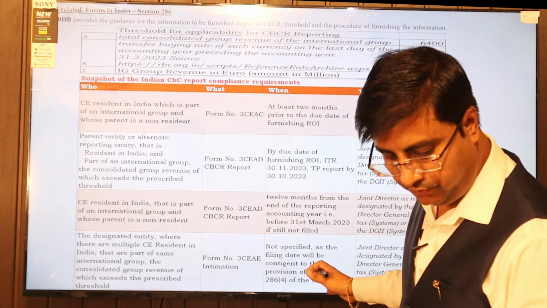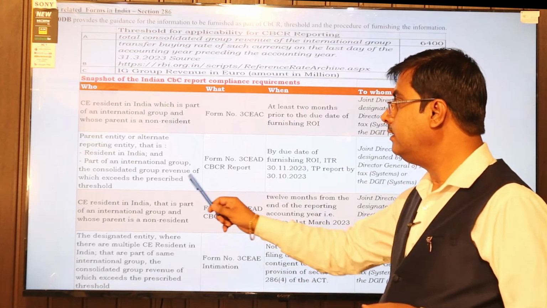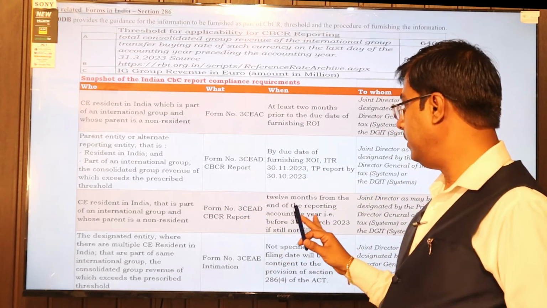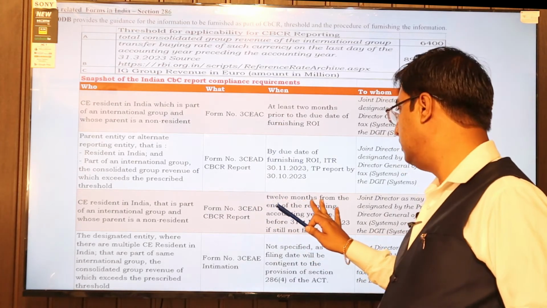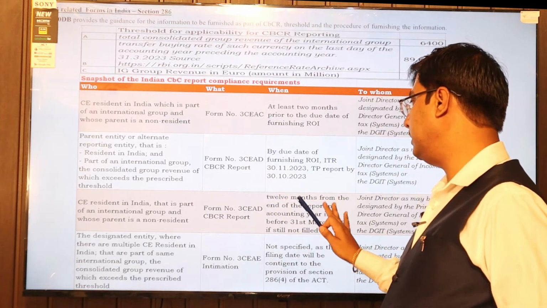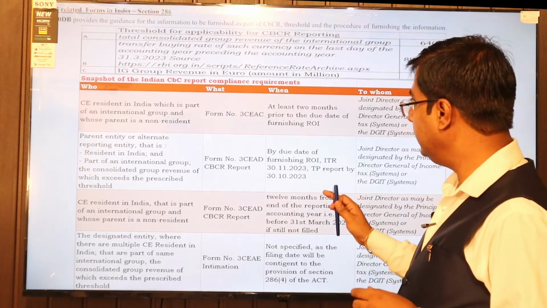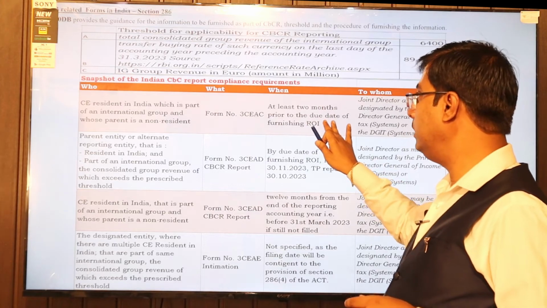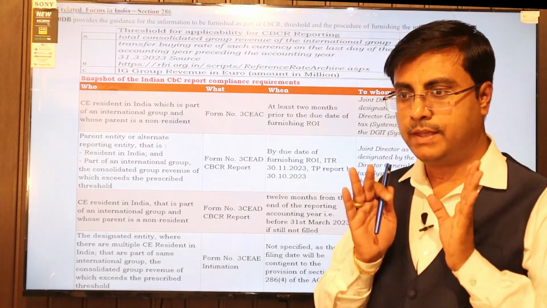So in case of a constituent entity resident in India, you have a relaxation till the end of the financial year, 12 months from the end of the reporting period, that is up to 31st March you can file, but the intimation should be 2 months before the due date. So it is now concluded in this manner.